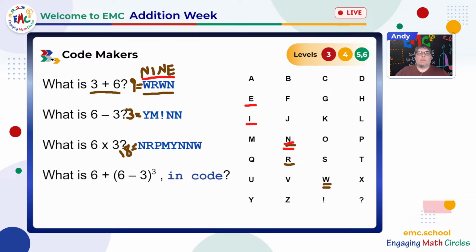Let's try another one. I'll do this code in blue. Y M exclamation N N. And we know that is 3.